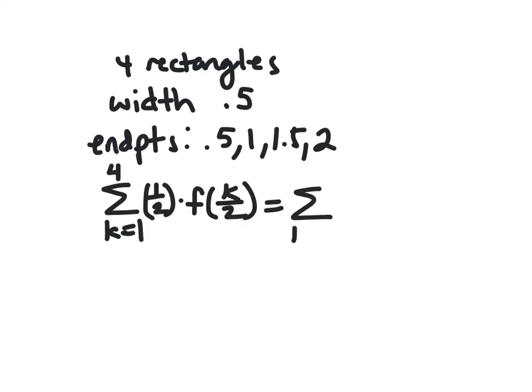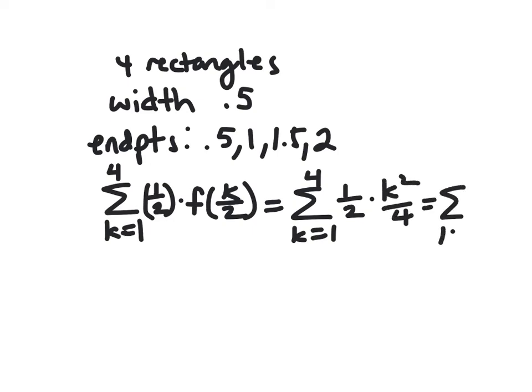And then now we can just kind of simplify here, right? So this is still just 1/2 times, well, this is k over 2 squared. So this is k squared over 4, otherwise known as k squared over 8 over here. Well, now I can add these up really easily, right?